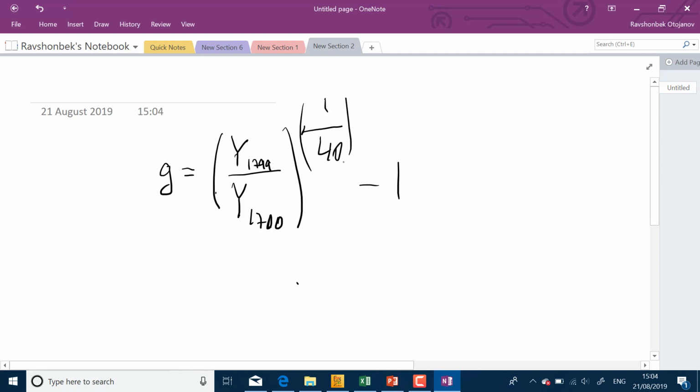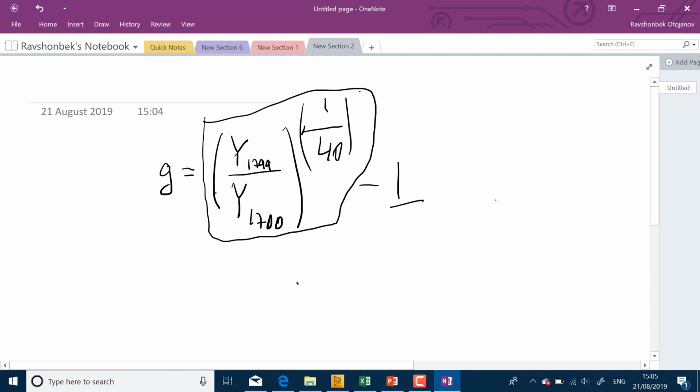and take away 1. So if I were to just calculate this part, this would give me the factor by which the income or GDP rose by 1799. But then we are interested in growth rates, so we take away 1.